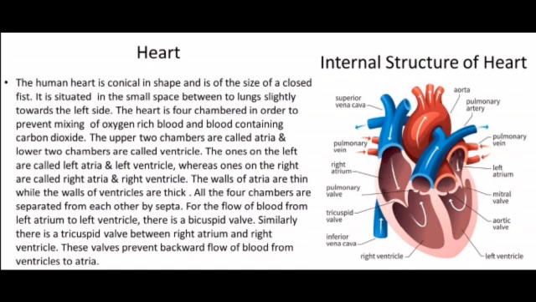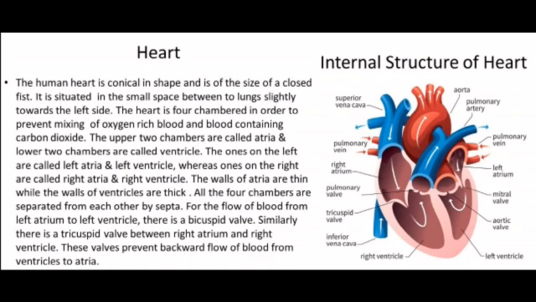The upper two chambers are called atria and lower two chambers are called ventricles. The ones on the left are called left atrium and left ventricle, whereas ones on the right are called right atrium and right ventricle. The walls of the atria are thin while the walls of ventricles are thick. All the four chambers are separated from each other by septa.